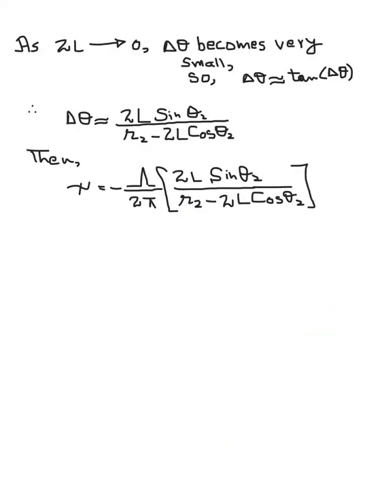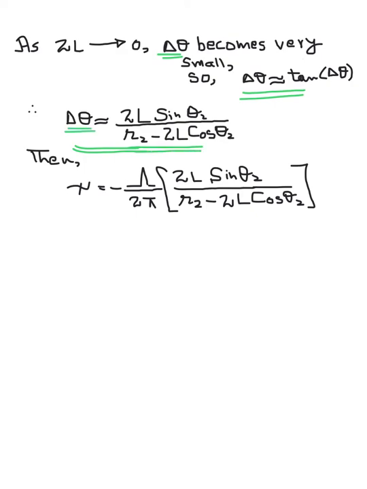Further simplification I am introducing here: since my sink and source are approaching each other, the delta theta becomes very small, and for a small value of delta theta I can write tangent of delta theta equal to delta theta. So using this I can easily write down my previous equation like that. In this equation there is no tangent because of small values of delta theta.